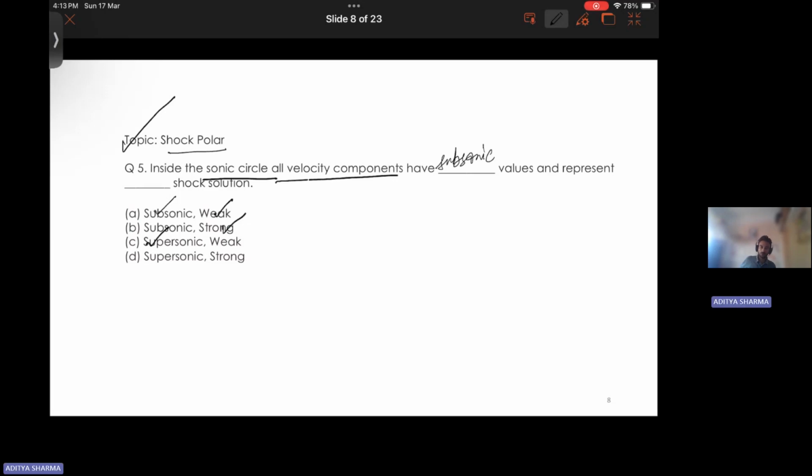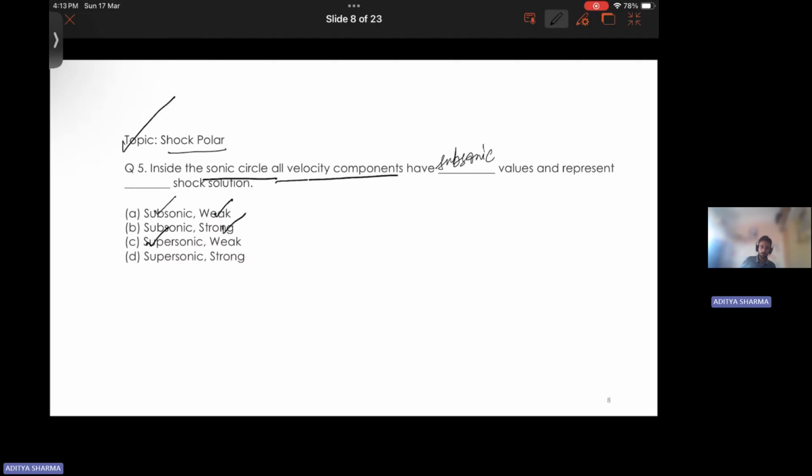So the components obviously will be less than 1, right? And A dash represents, whether it's a strong or weak, I just mentioned that. So this is strong oblique shock solution, right? So A was a weak oblique shock solution. A dash was a strong oblique shock solution.